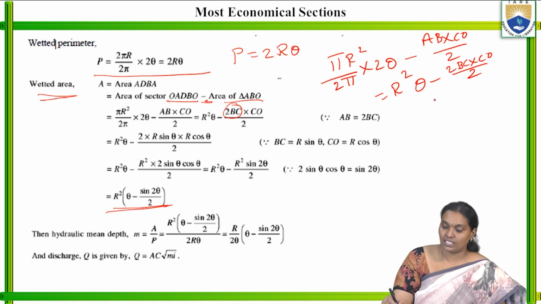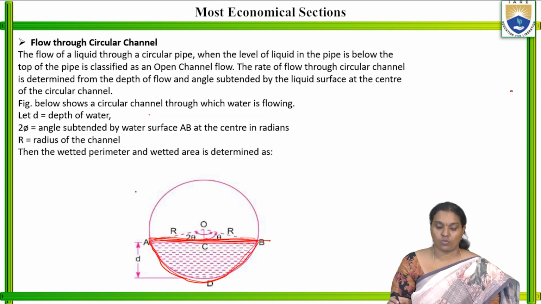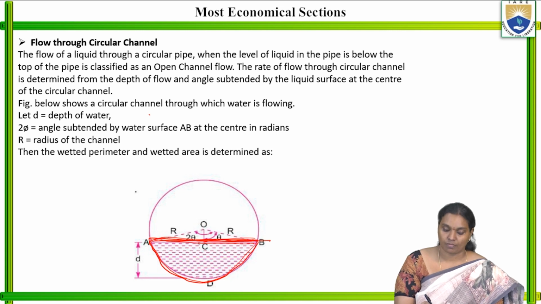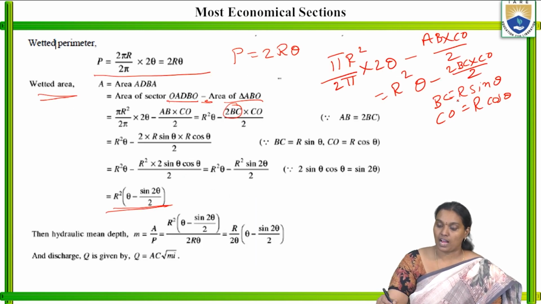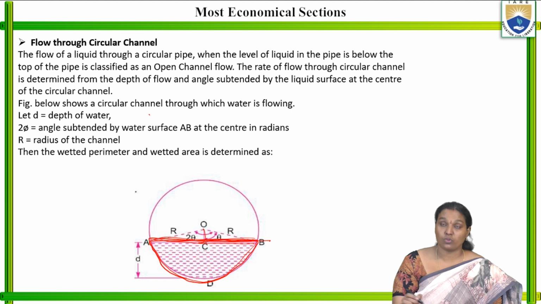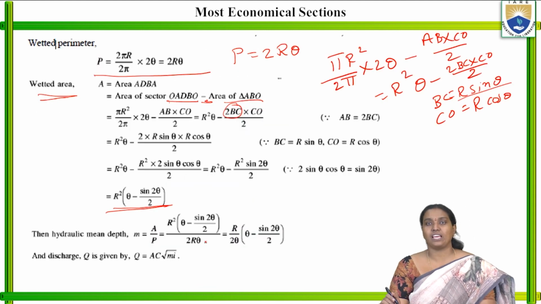BC is equal to r sin theta, and CO is equal to r cos theta, from the figure.